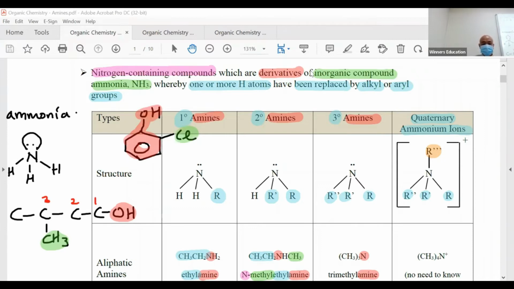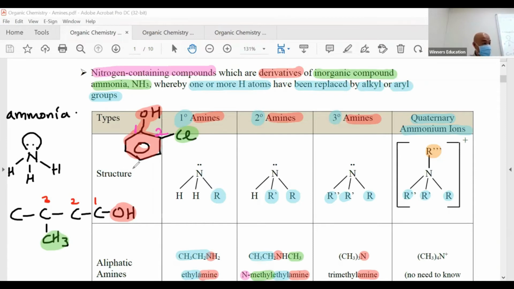And this is how we label them, right? Maybe pink is better. 1, 2. So you see 2-chlorophenol. Okay? So you see, we can use numbers to represent the position of substituents in carbon-containing compounds easily.